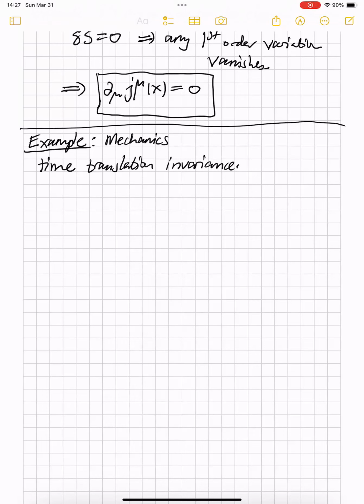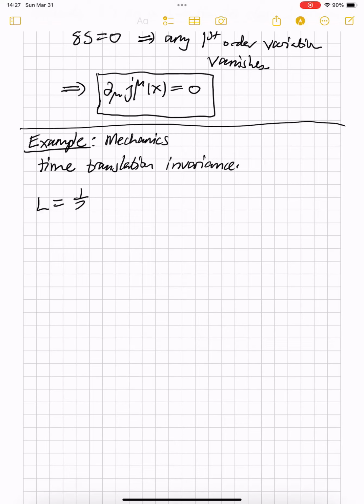They're staying exactly the same. So this is the symmetry that we're talking about. And as a consequence of this symmetry, we're going to learn that energy is conserved. So energy is conserved because the laws of physics yesterday were the same as they are today, and tomorrow they'll still be the same. So we're going to consider a particle moving in a potential.